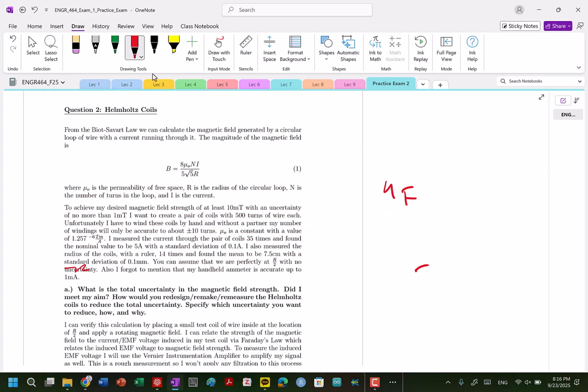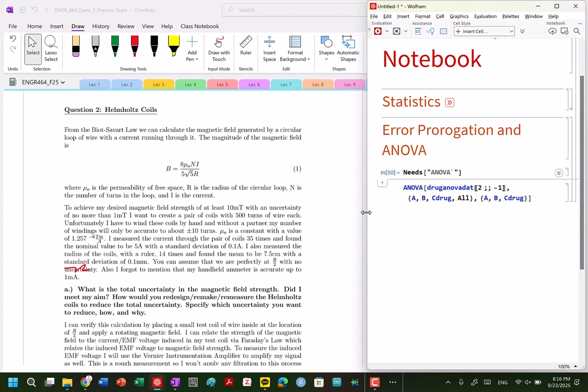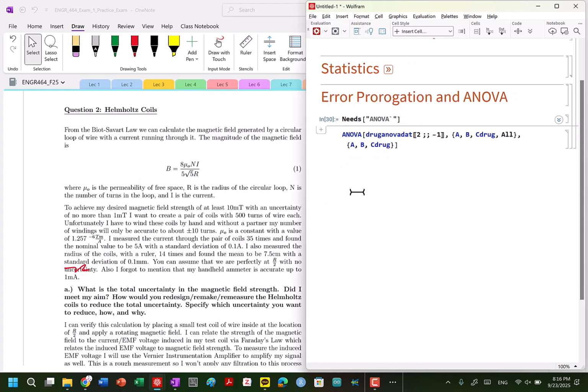So we know how to do our uncertainty. Let's go ahead and set up our expression. So our fundamental expression is B field equal to 8 times mu naught times big N times big I, divided by 5 times square root of 5 times my radius.